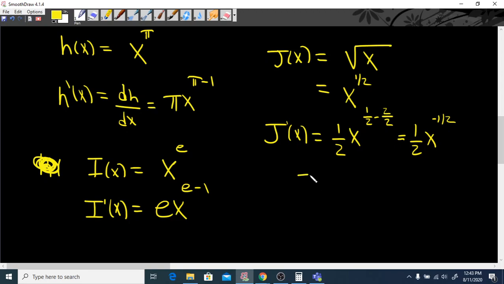Using algebra, x to the negative 1/2 is like 1 over x to the positive 1/2. And this is like 1 over 2 square root x. So these are all the different ways to write that.